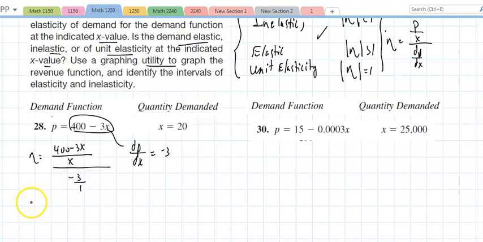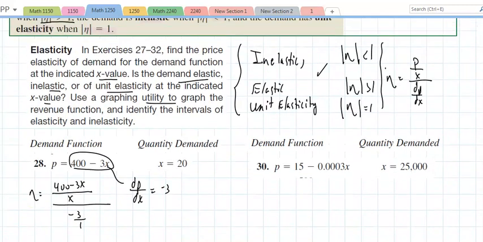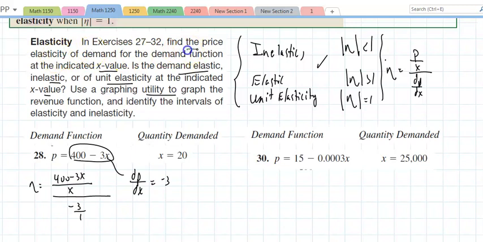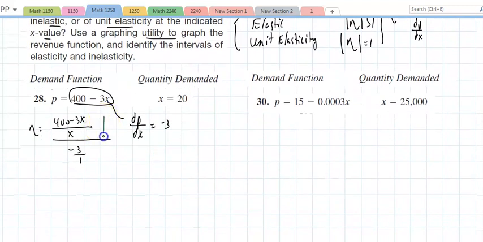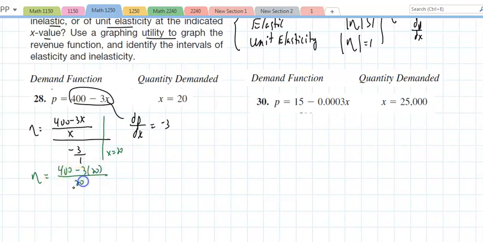They say the first thing they want, find the price elasticity of demand for the demand function at the indicated value of x. So if I replace x equal to 20, I will get this eta to be 400 minus 3 times 20 over 20 divided by a negative 3.